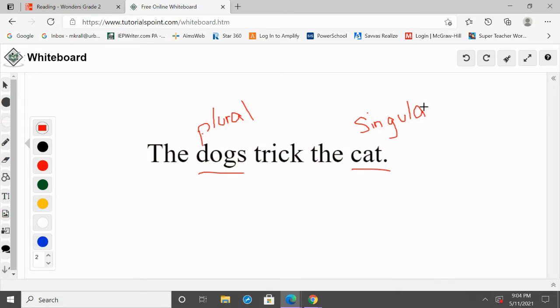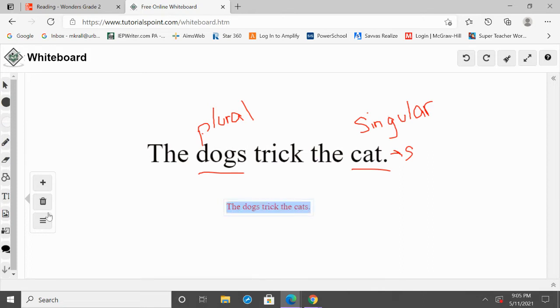But look, I could change the sentence. If I want to make cat plural, I could add an S and make it cats. So let me type our new sentence up. So this means we have the dogs trick the cats.